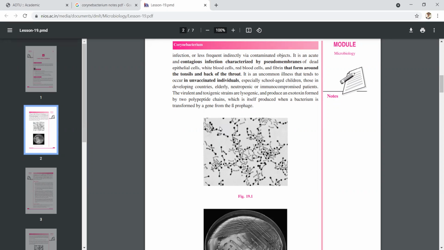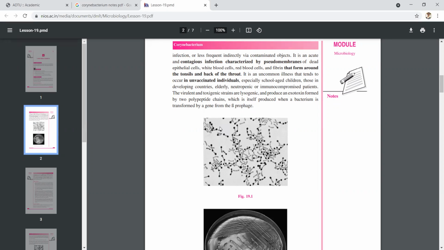It is an uncommon illness that tends to occur in unvaccinated individuals, especially school-aged children in developing countries. It may happen to elderly people and immunocompromised patients. The virulent and toxigenic strains are lysogenic and produce an exotoxin, which is formed by two polypeptide chains.